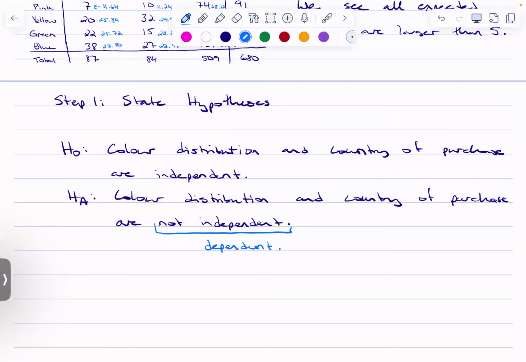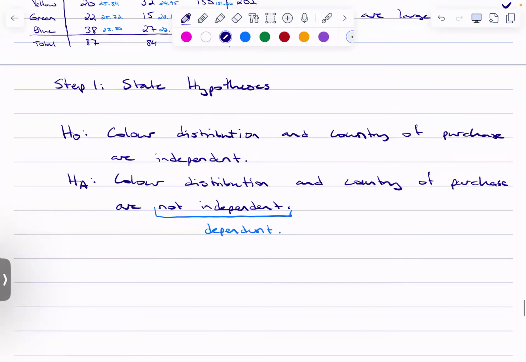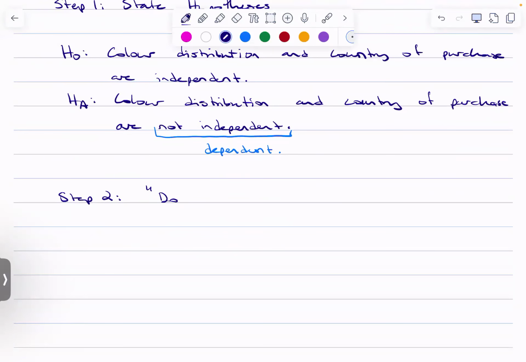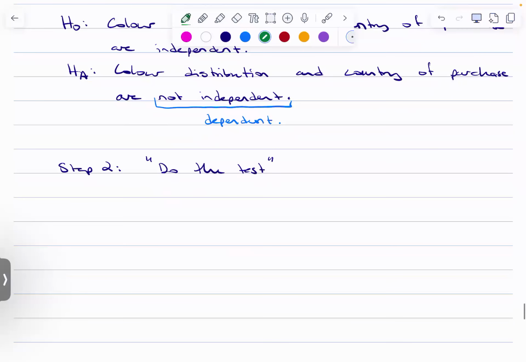Now, step 2. And you can do it, and I'll move it down one. Do the test. Calculate the test statistic. We will use Excel.